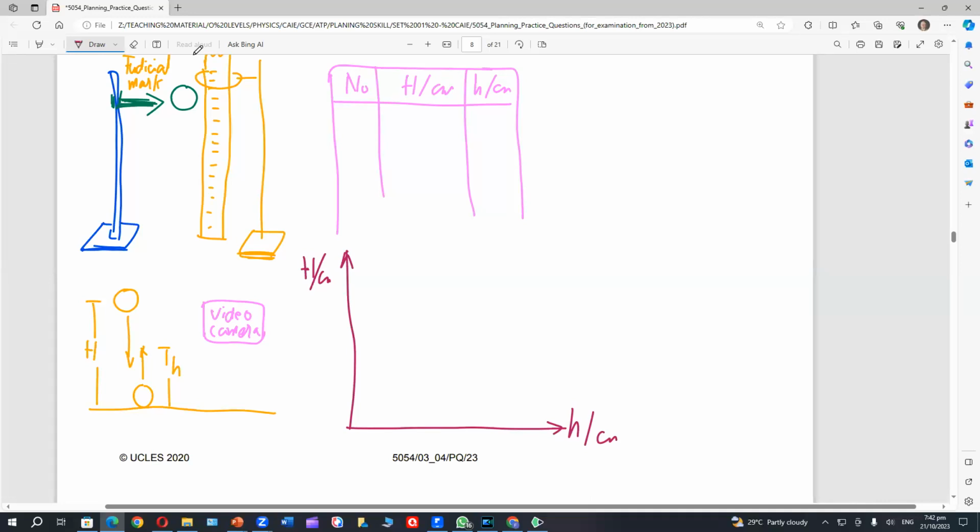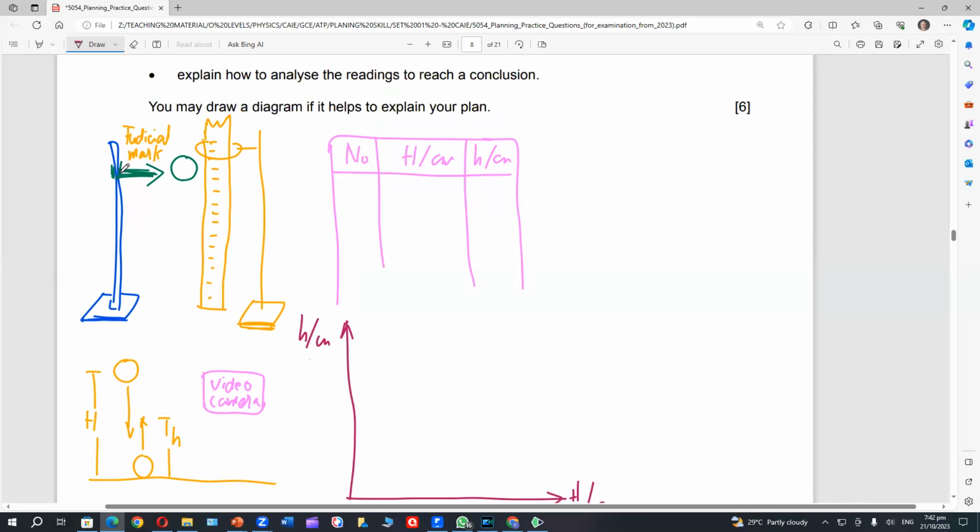It should be on the x-axis. That is a very good point, so I can correct it. The independent variable should be on the x-axis, right? Yes, good. Now the procedure is very simple.